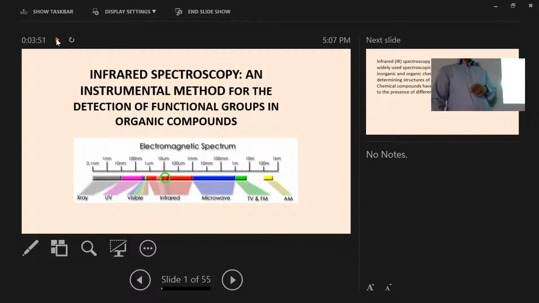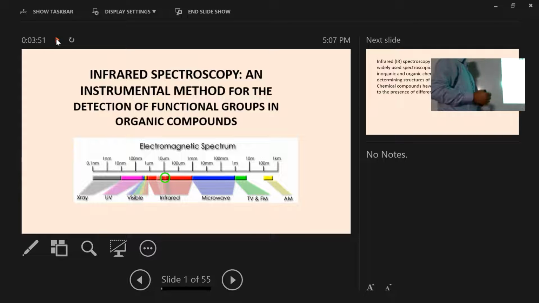But if we give even less energy, what will happen? This is one energy level. This is another energy level.